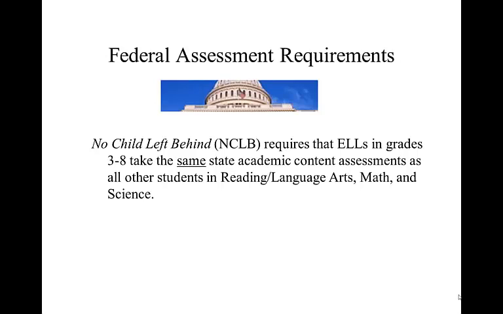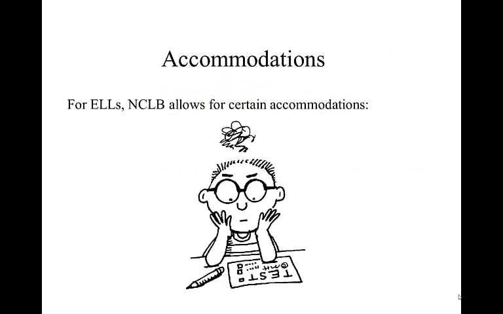The federal government, in the Elementary and Secondary Education Act, also currently known as No Child Left Behind, requires that ELLs take the state high-stakes test. However, it's not all bad news.